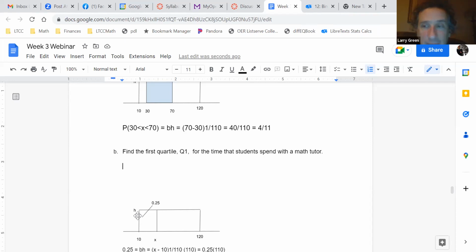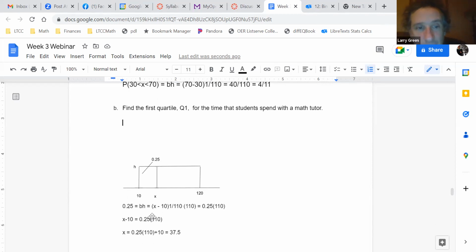So now we've got to do some math. There's going to be a little bit of basic algebra, but we're going to have to do it. So what we can say is that the area is 0.25. So here's my 0.25 area, and that's the base times the height, BH. The base is, remember, if you want to go from 10 to x, it's a subtraction. It's x minus 10. So x minus 10 is the base.